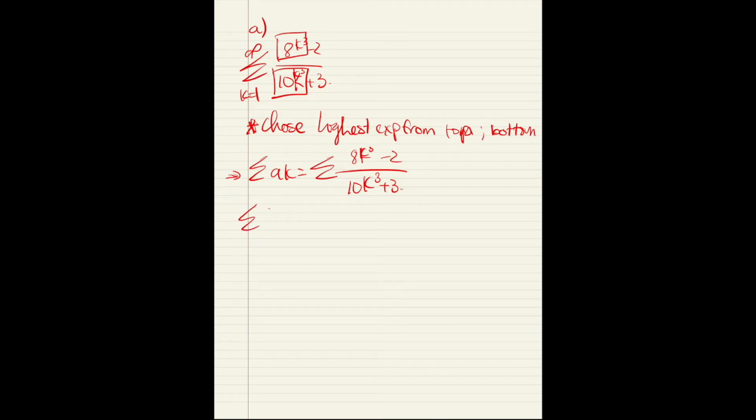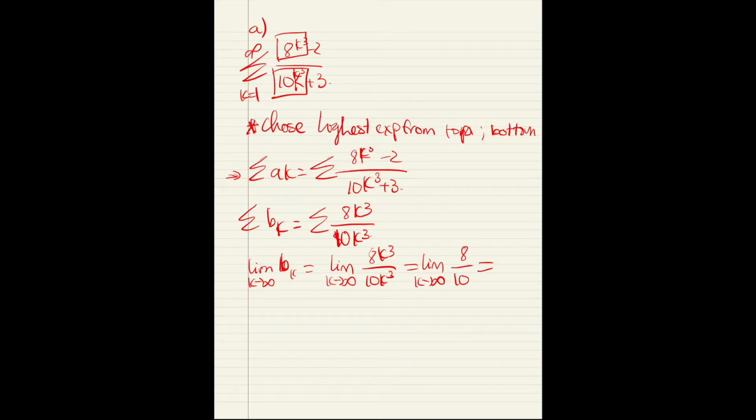I would compare with the series b of k, which is the series of 8k to the third over 10k to the third. So I'm going to use the limit as k goes to infinity of b of k, which is the limit of 8k to the third over 10k to the third, which equals the limit of 8 over 10, which is different than 0. So, based on the divergence test, we can conclude this series b of k is divergent.